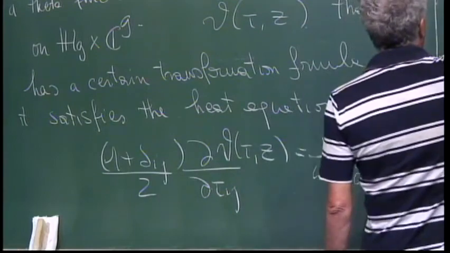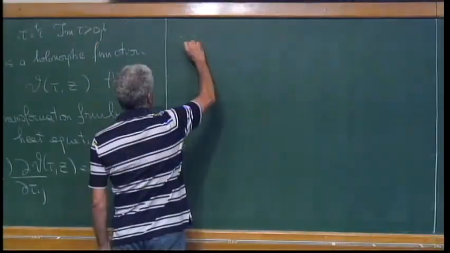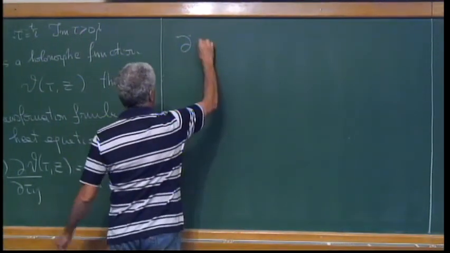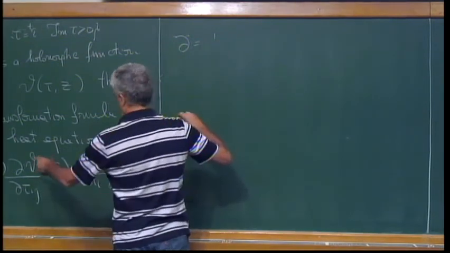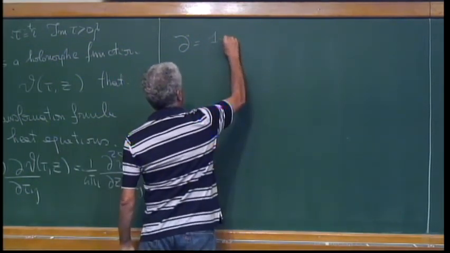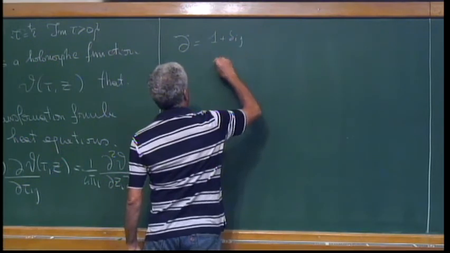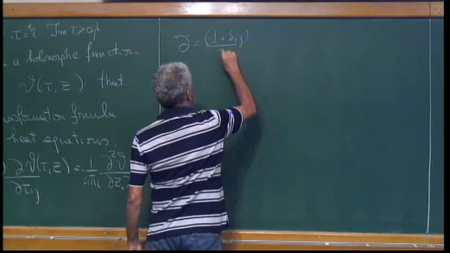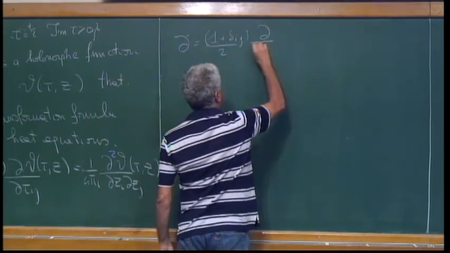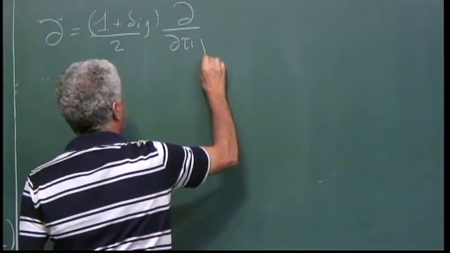So I define the matrix differential operator delta, which is just (1 plus delta_ij) divided by 2 of d over d tau_ij.